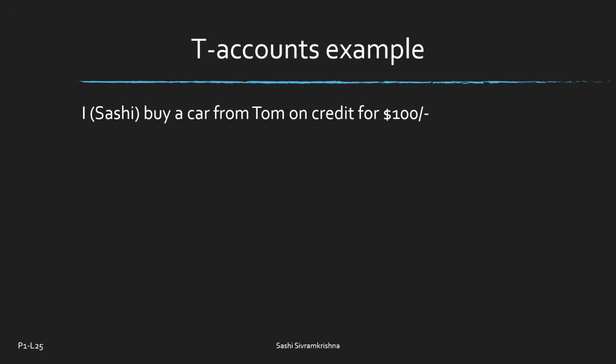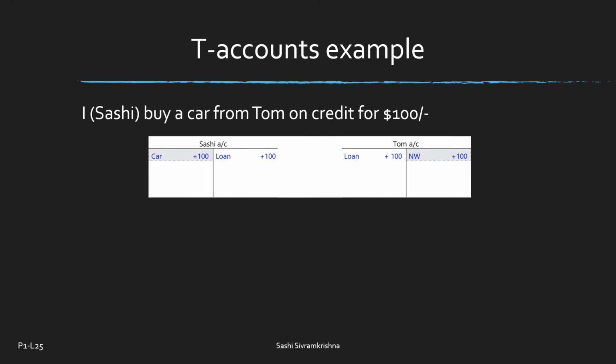Suppose I, Sashi, buy a car from Tom on credit for $100. This would affect both my T account as well as Tom's T account. The car enters my balance sheet as an asset and is worth $100.